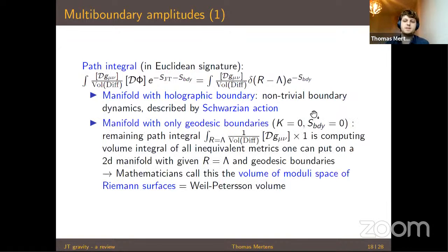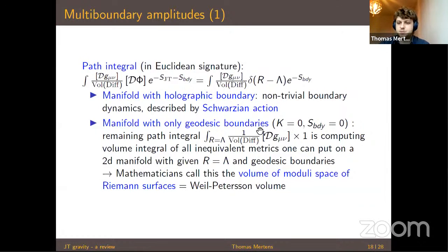But there's also a second thing we can do. We can consider this path integral on a manifold that has only geodesic boundaries or has no boundaries, for instance. On a geodesic boundary, the extrinsic curvature trace is 0. The boundary action was the Gibbons-Hawking boundary action, which just had this extrinsic curvature in it, so that one will be 0.